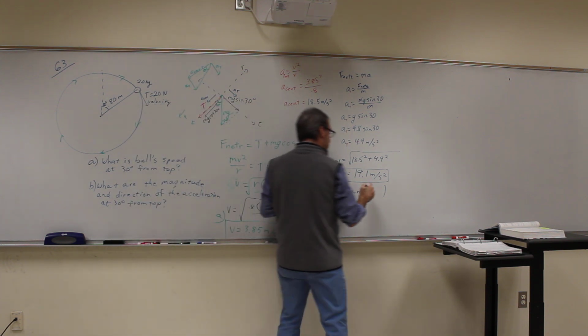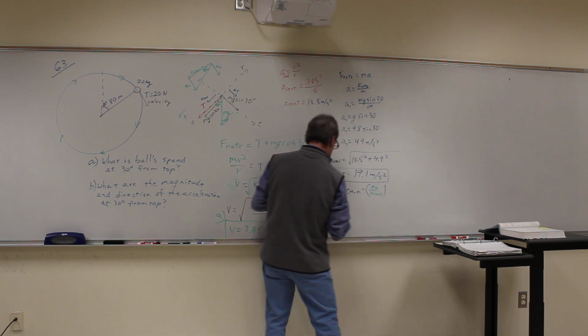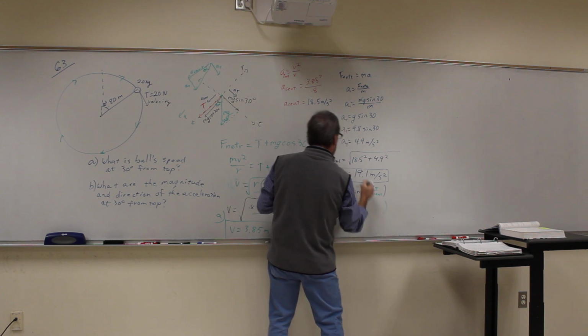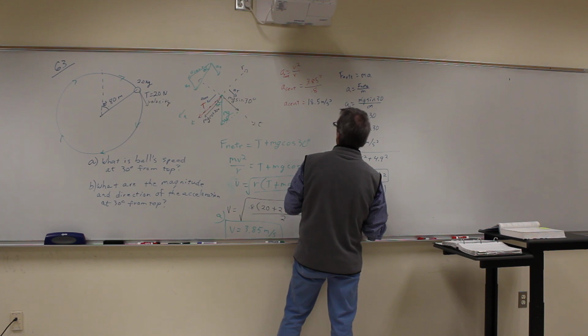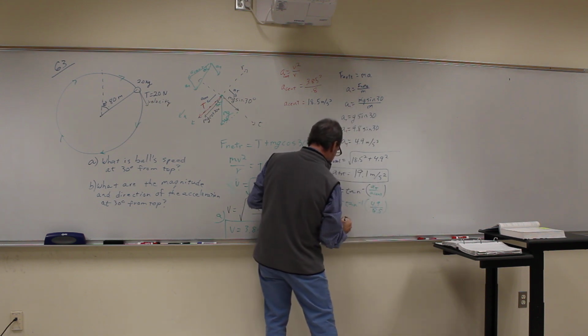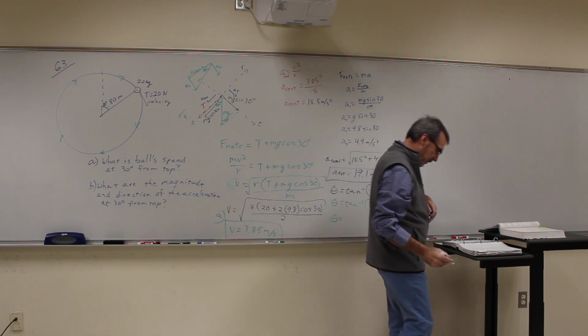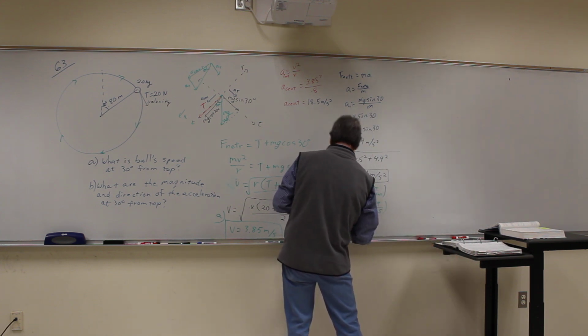So my opposite is tangential over the centripetal. The theta is equal to the inverse tangent of 4.9 over 18.5. And when you do that, you get 15 degrees.